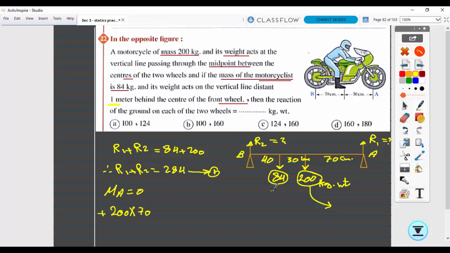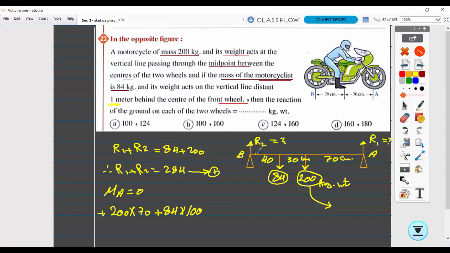Also, with respect to the mass 84, its weight is also 84 kilogram weight. So we can say its moment about A equals 84 multiply 100 centimeters.